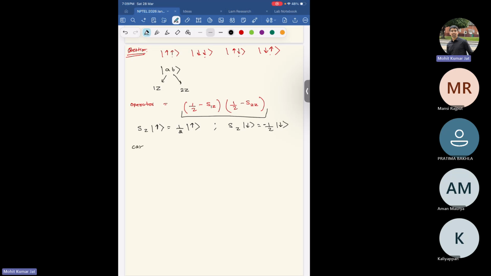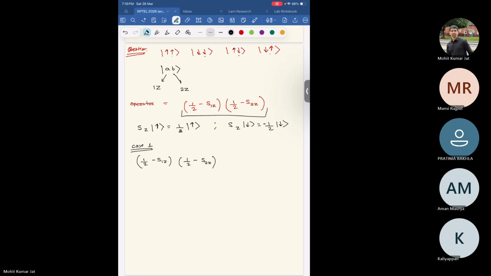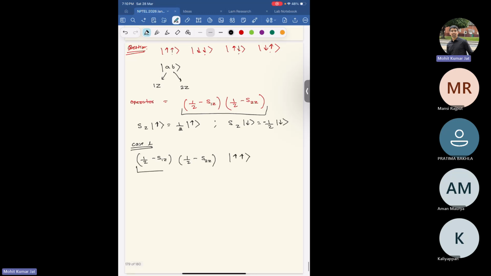So case 1, this operator, 1/4 minus 1/2 (S1z plus S2z) plus S1z S2z, operating on up spin. Let's first solve this one, because then we'll be using this one for all the four cases.